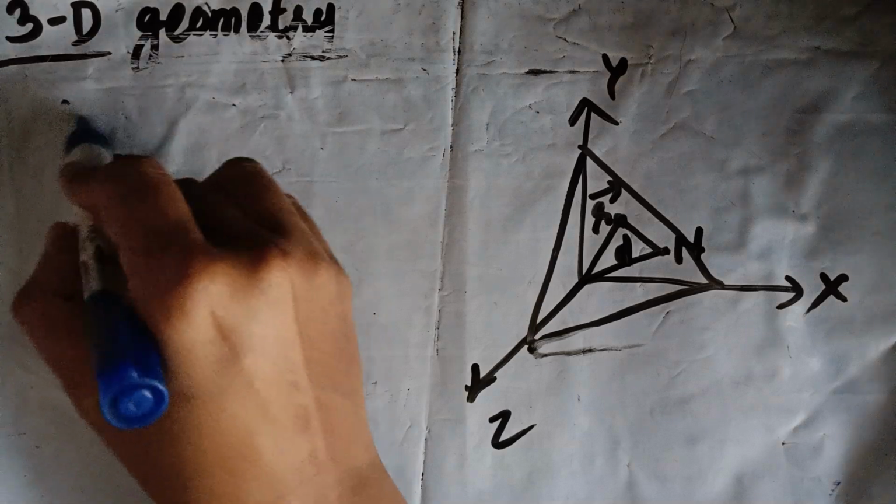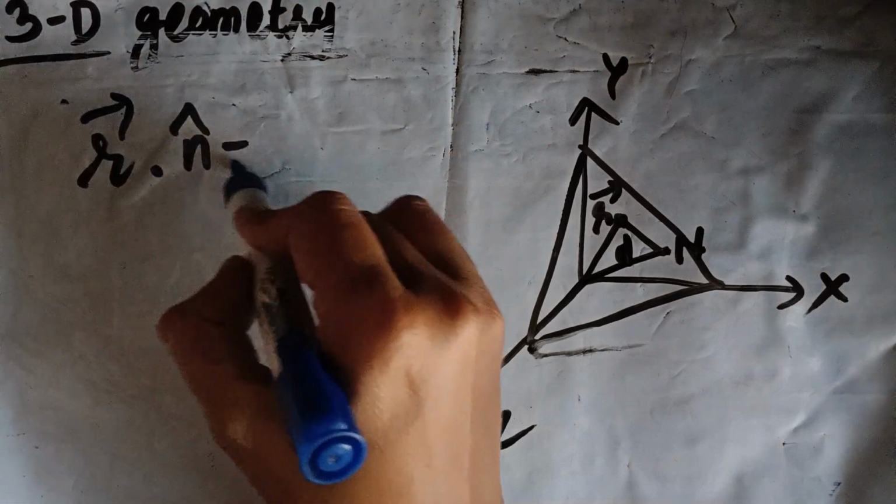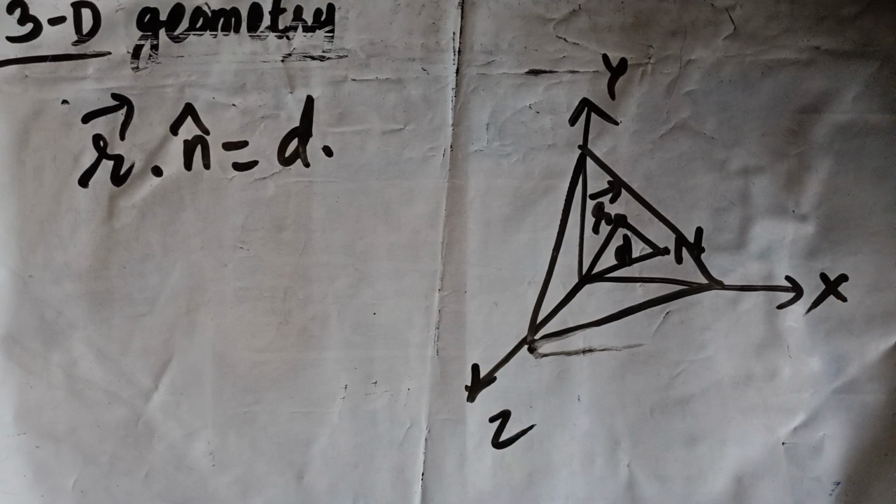Then the equation is given by r dot n cap equal to d, where n is the normal vector and r is the position vector.